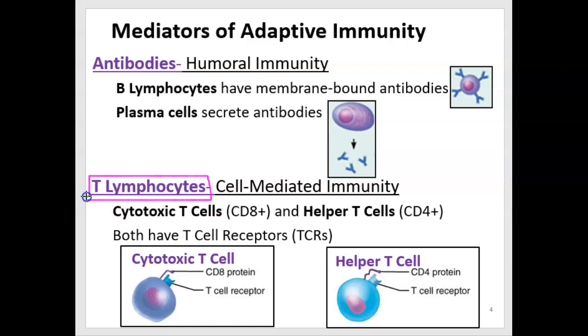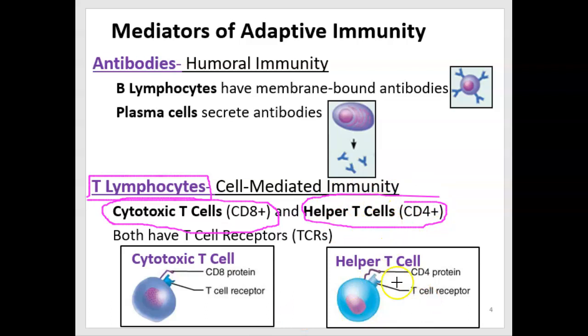Now, there are two types of T lymphocytes that we will encounter when we actually talk about T cell-mediated immunity. We'll talk about it in a lot more detail later. But the two types of T lymphocytes are cytotoxic T cells and helper T cells.